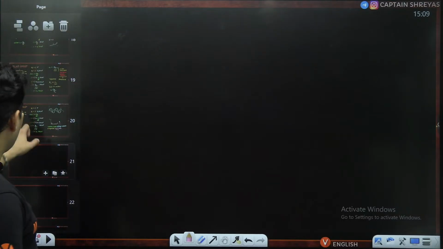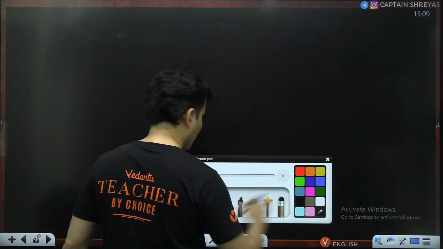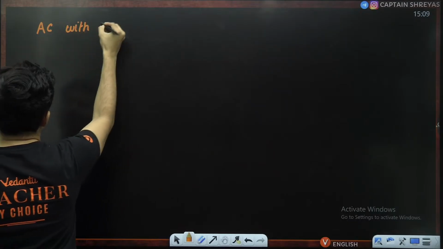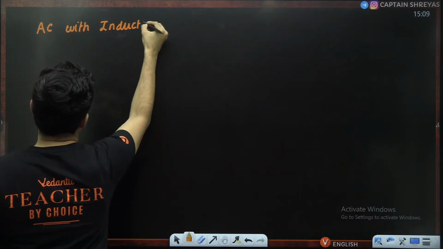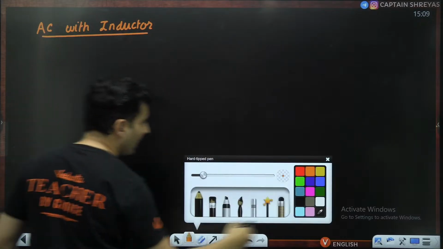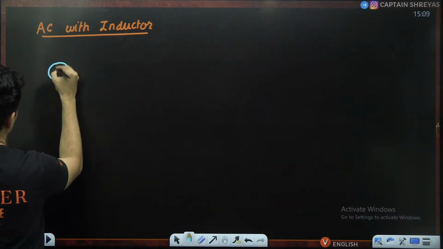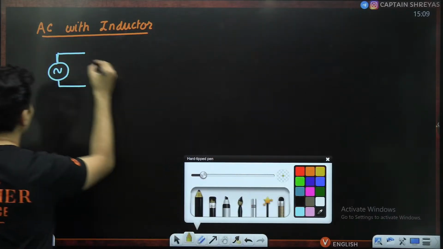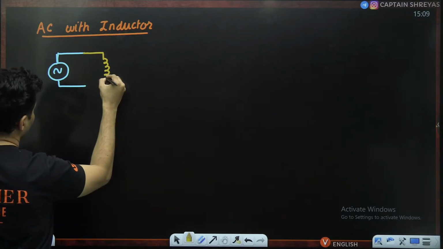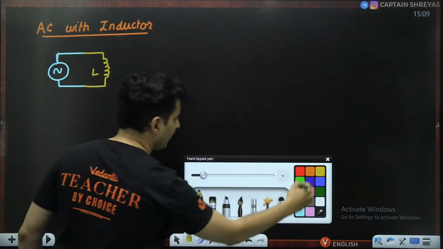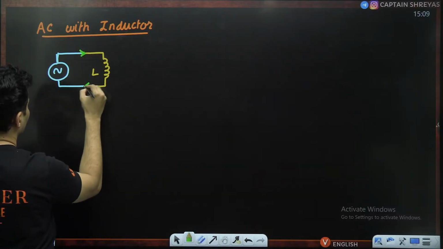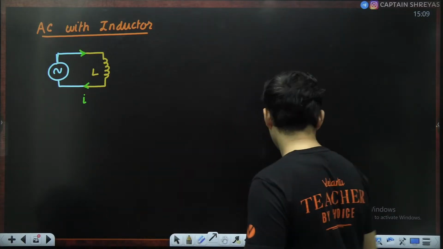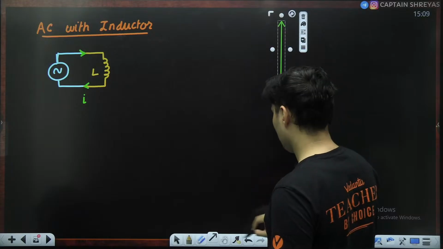So by the same logic, if you apply alternating current with an inductor, it should be now very obvious to you what might happen. This is your inductor. Let's say this is your current. You will see something like this.